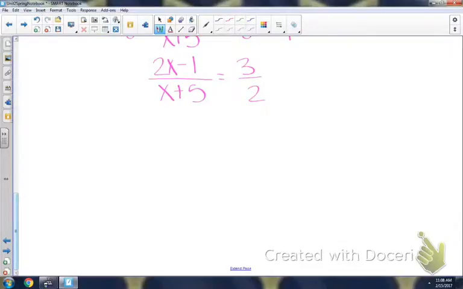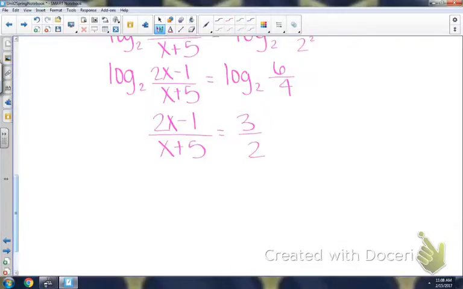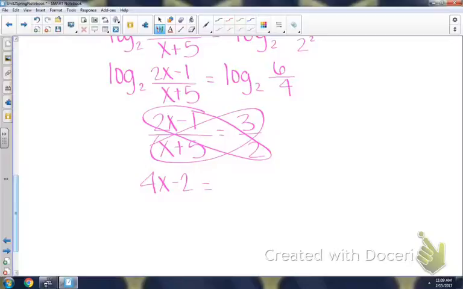To solve a proportion, we're going to cross multiply. When you cross multiply, make sure that you multiply this 2 by 2x and that 1. So you should end up with 4x minus 2. And then same thing on the other part. Make sure you distribute that 3 to the x and 5. So that would equal 3x plus 15.